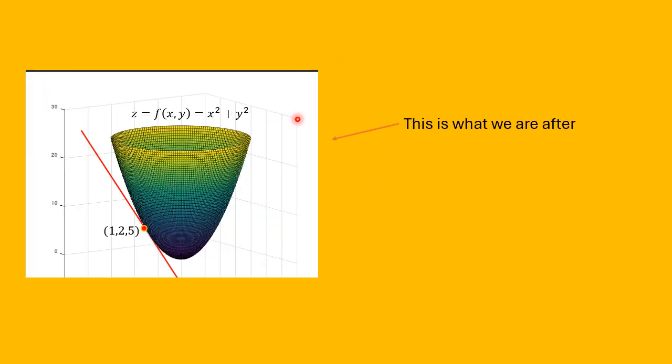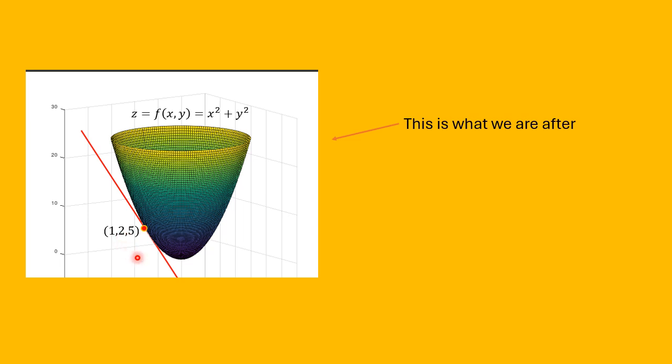So this is what we're after. We have a surface, z equals f of xy is equal to x squared plus y squared. It's this paraboloid that we see here, something like a 3-dimensional analog of a parabola. And on this surface, somewhere, right about here, is the point whose x, y, and z coordinates are 1, 2, and 5.